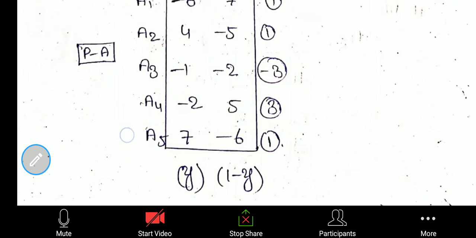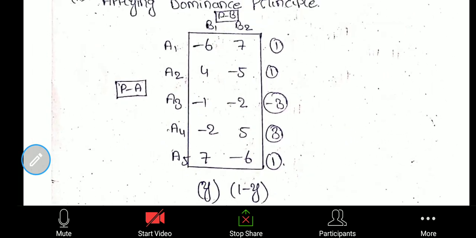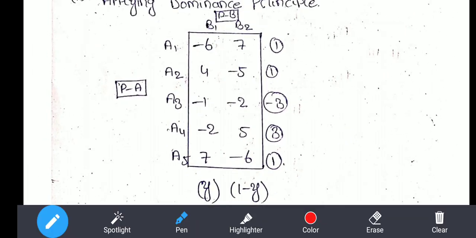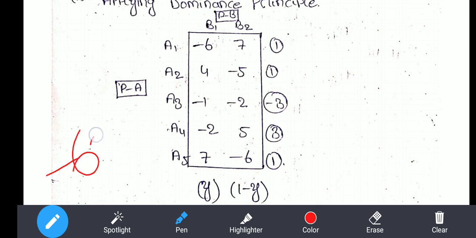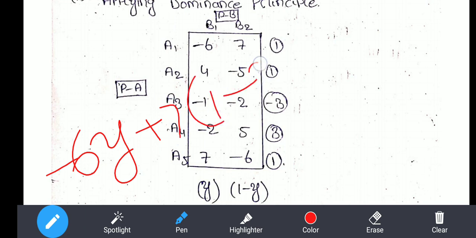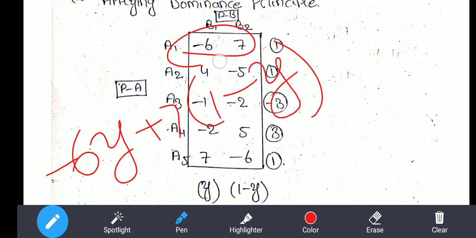Minus 6 into y plus 7 into 1 minus y, for these two elements.